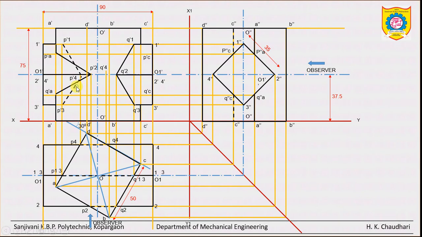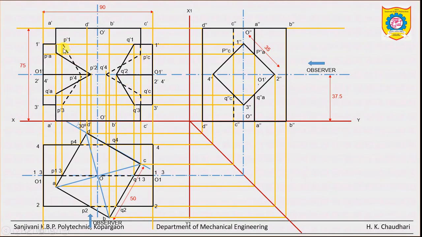See, and this side up to PC, this much portion, it is the hidden part, and from the bottom also, or you can join up to P4, that means PC to 4. And for the bottom QC to 4. Okay, hidden curves we have made here.